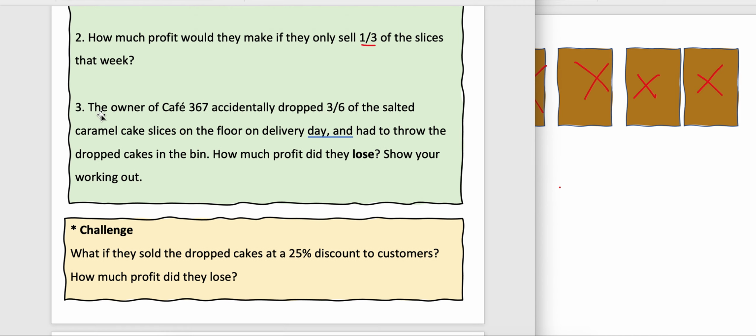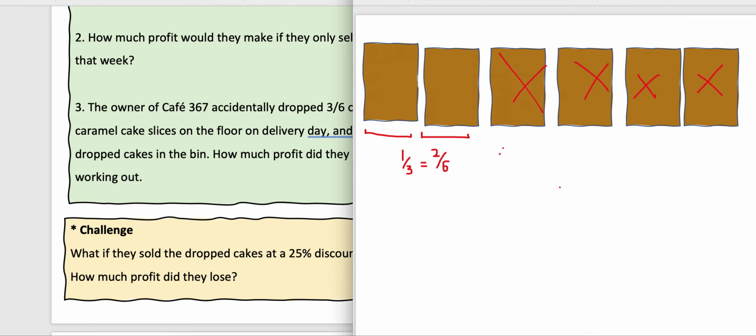Number 3. The owner of Cafe 367 accidentally dropped 3/6 of the salted caramel cake slices on the floor on delivery day and had to throw the dropped cakes in the bin. How much profit did they lose? Show your working out. So if we go back here, I'll just get rid of what I did there.